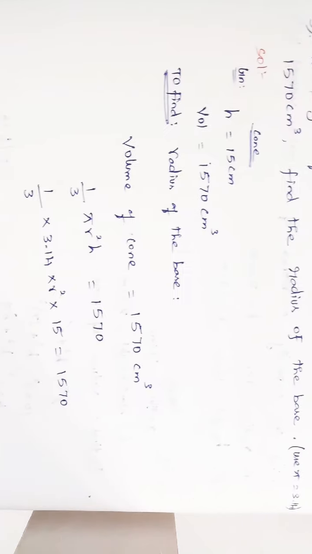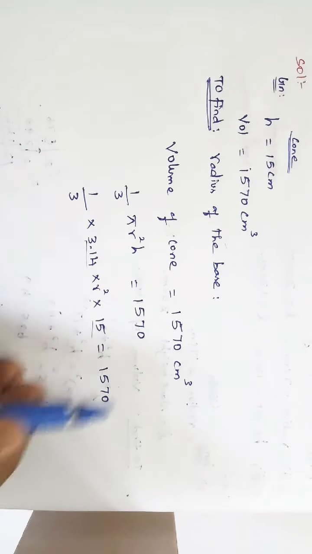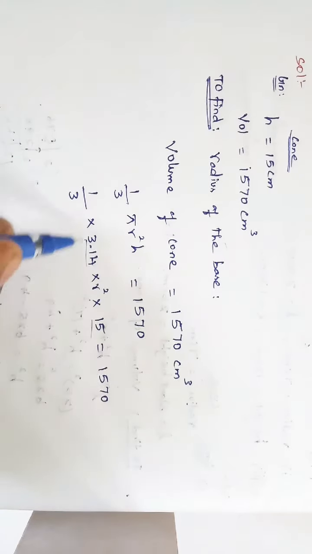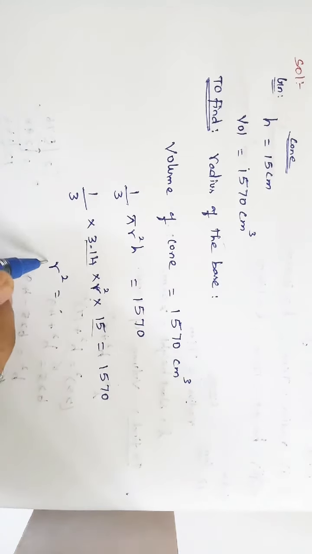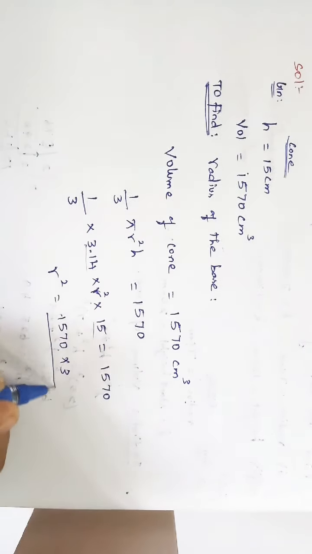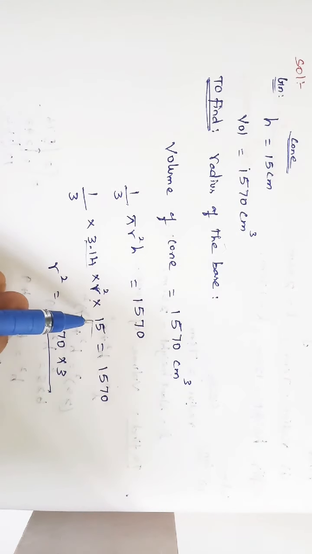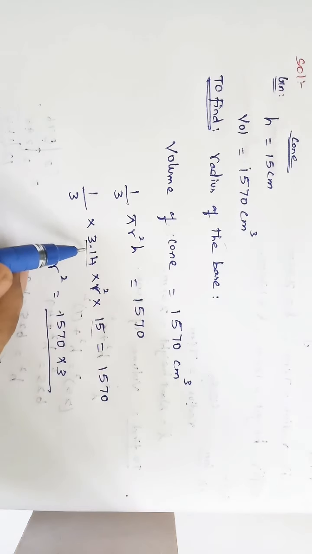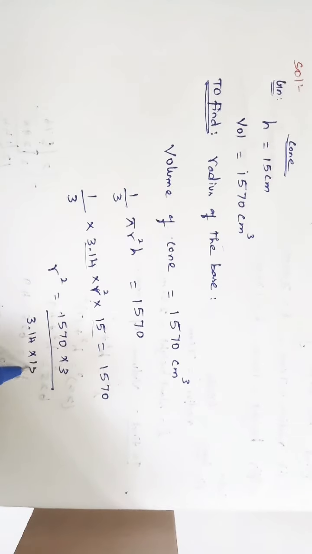Taking the numerators to the RHS, they go to the denominator, and the denominator goes to the numerator. So r square is equal to 1570 into 3 divided by 3.14 into 15. We can simplify here itself.